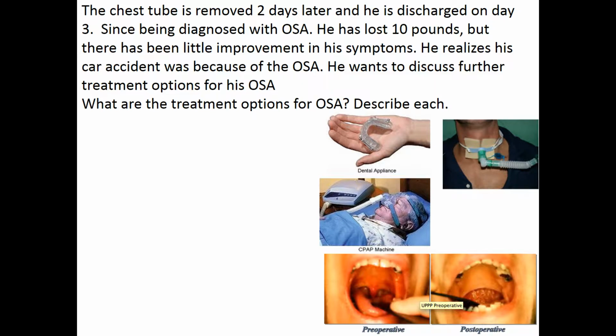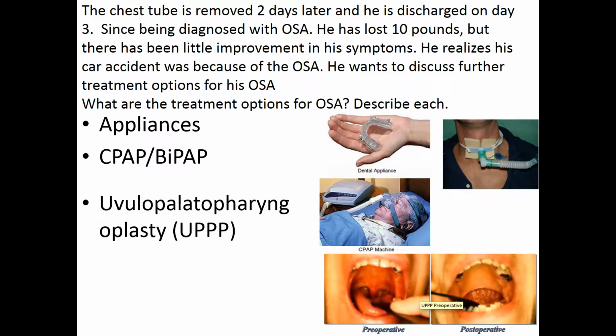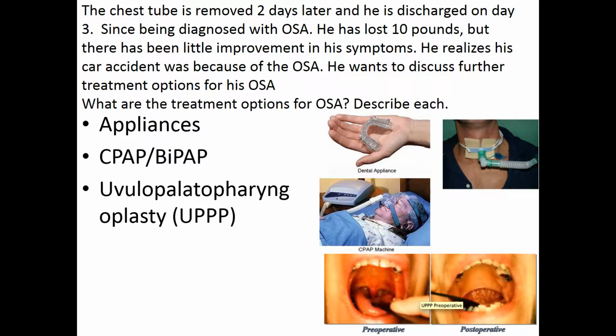If you break it down: uvula, palate, pharyngoplasty. So what they do is they go ream out the back of the throat, get all that stuff out, no more uvula in that throat, and make a bigger airway, right?